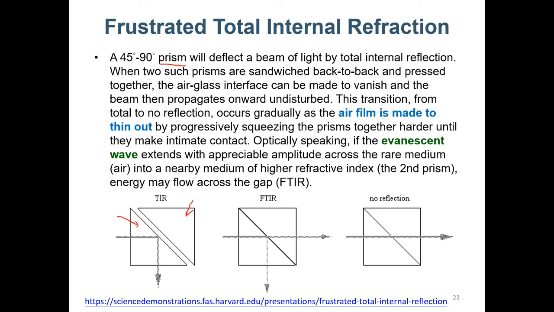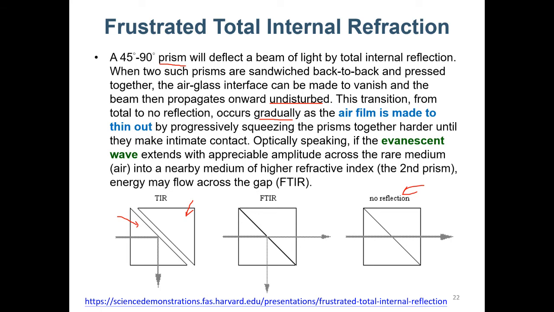So when two such prisms are sandwiched back to back and pressed together, the air-glass interface can be made to vanish, and the beam then propagates onward undisturbed. So this is this case. And this transition from total to no reflection occurs gradually. 它不是一下子从 TIR 变成 no reflection.